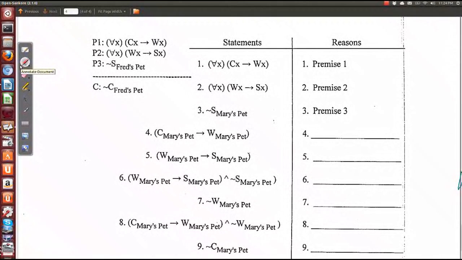And so the very first thing we need to do is to change statements 1 and 2 into, instead of generally talking about x, I want to talk about one very, very specific pet. And so this should be Mary's pet.